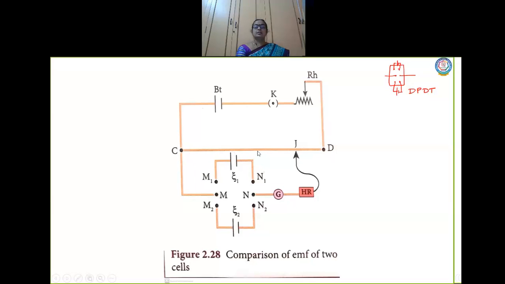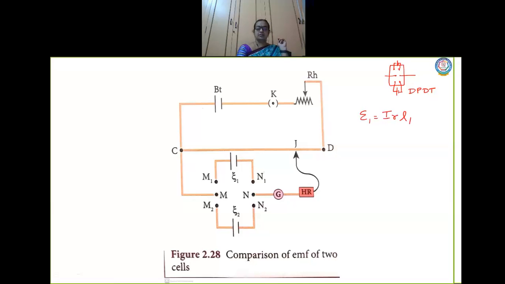Again at a particular point you will have no current in the circuit. So the potential drop across that is taken as ψ1, which is equal to I into R into L1, where L1 is the balancing length of the potentiometer wire with the first cell being connected.